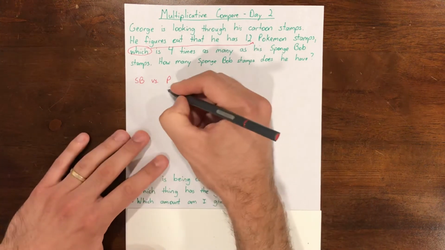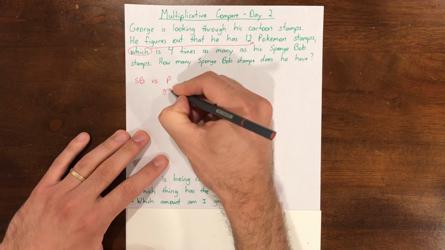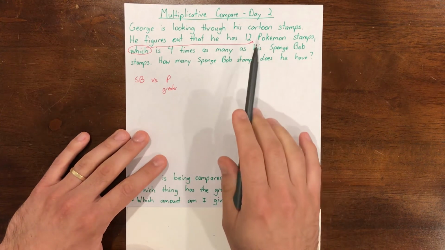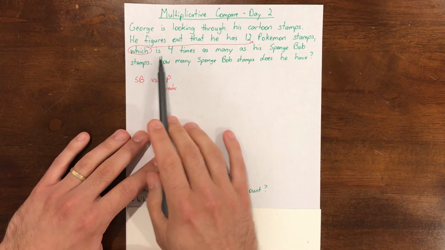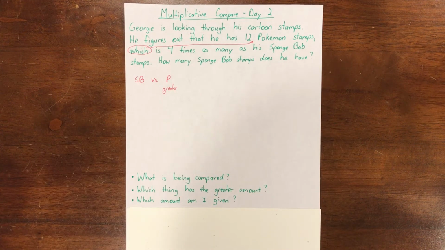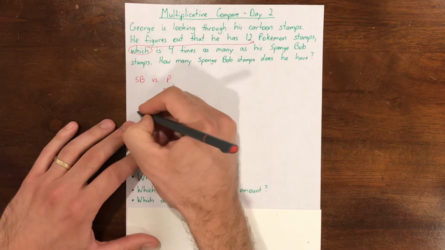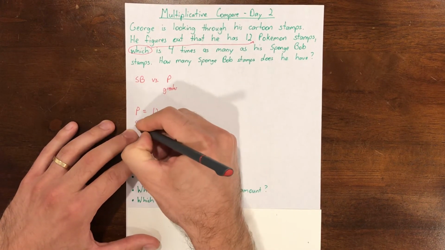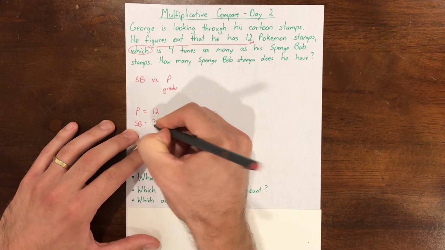Sure, Pokemon stamps is greater. Because in the problem, it says he has 12 Pokemon stamps, which is 4 times as many as his SpongeBob stamps. And what are we given? Say it out loud. Yeah, the Pokemon stamps. We know that Pokemon equals 12, but SpongeBob, we don't know yet.